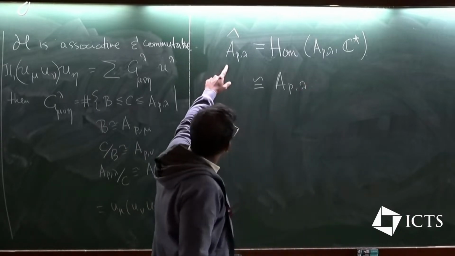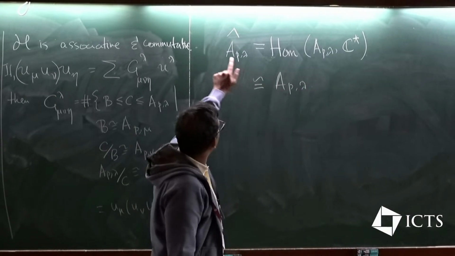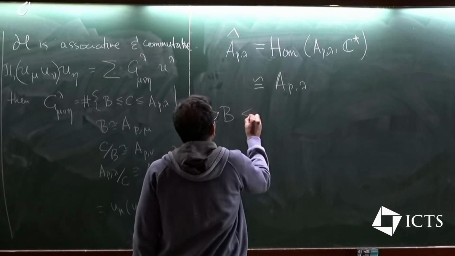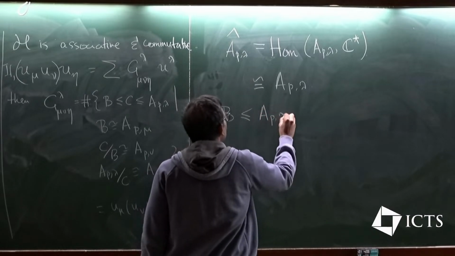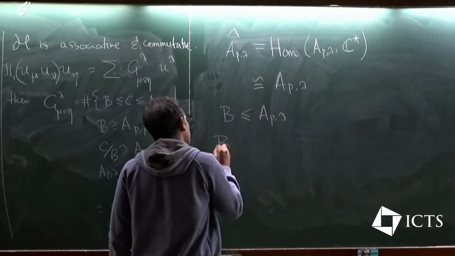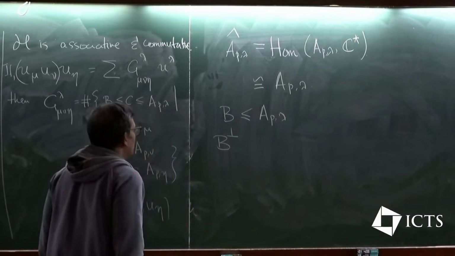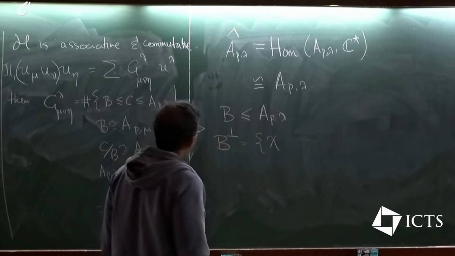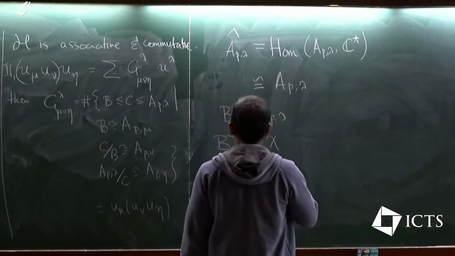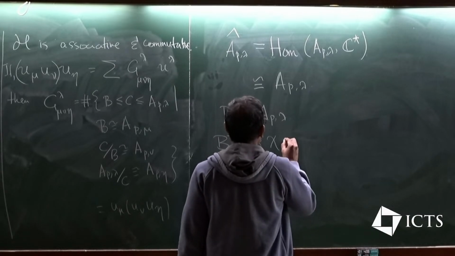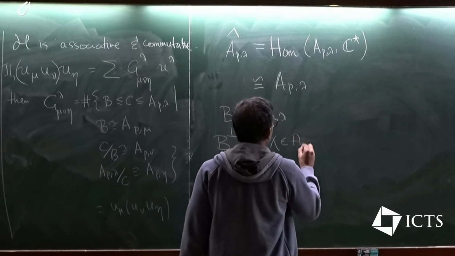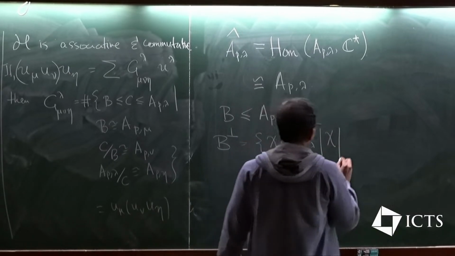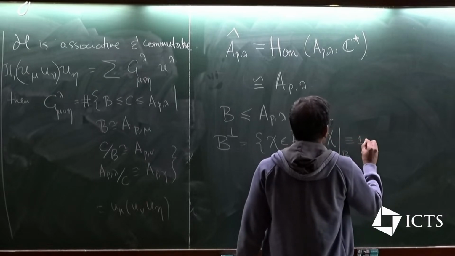Now you have a correspondence between subgroups of AP lambda and subgroups of its dual. If you have a subgroup B of AP lambda, you can talk about the annihilator of B, which I'll denote by B perp. So these are characters chi of AP lambda hat such that the restriction of chi to B is trivial.